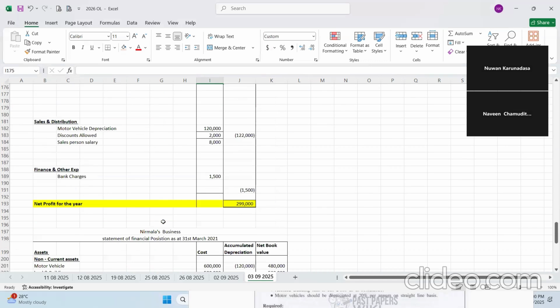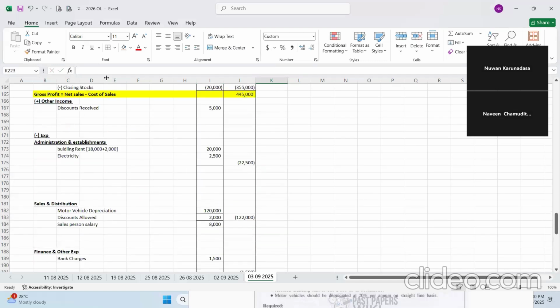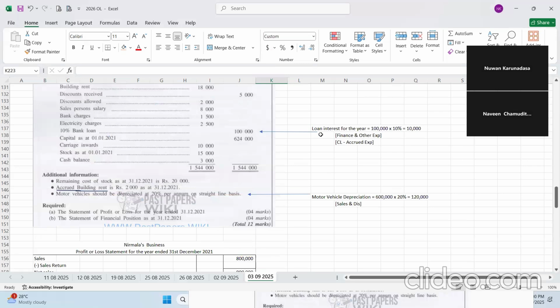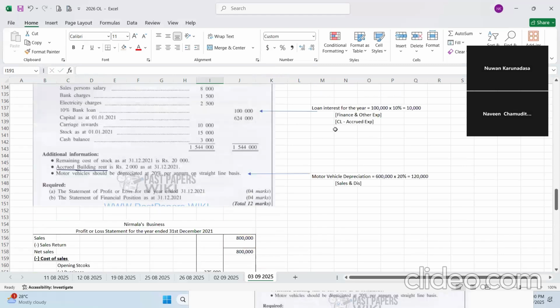Then 10% bank loan, non-current liability. 10% bank loan, it's 100,000, and we have taken the interest, finance expense 10,000. Loan interest 10,000. It has not been paid, so this is the adjustment we learned here. Loan is 100,000, rate of interest is 10%, so the loan interest for the year is 10,000.